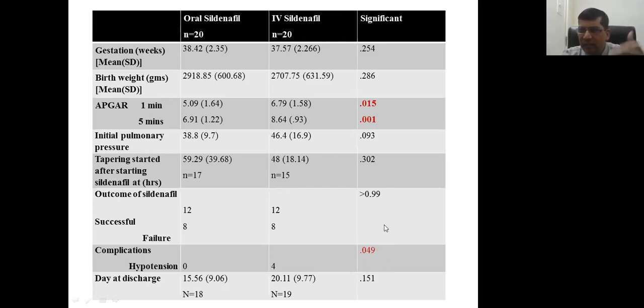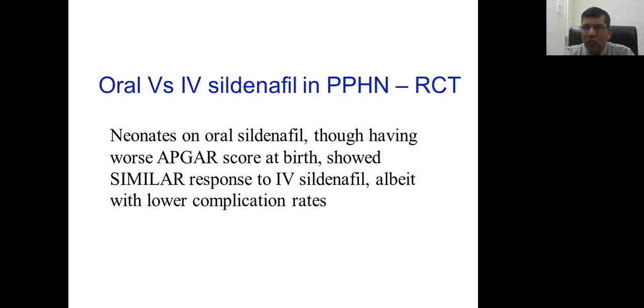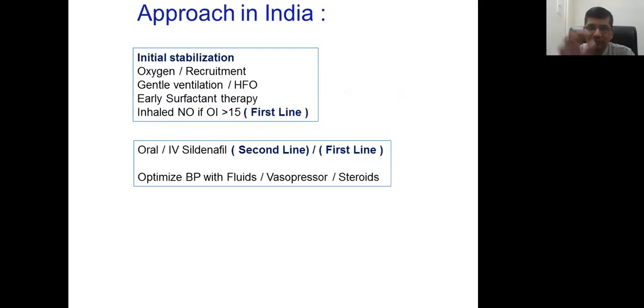So sick babies with fewer complications on oral sildenafil is what he has documented, and that paper is now in the pipeline for publication. That is what we need in India, to document that oral is effective. He has documented that oral sildenafil has a similar response to IV sildenafil with lower complication rates, hence we can use oral sildenafil in Indian scenarios.